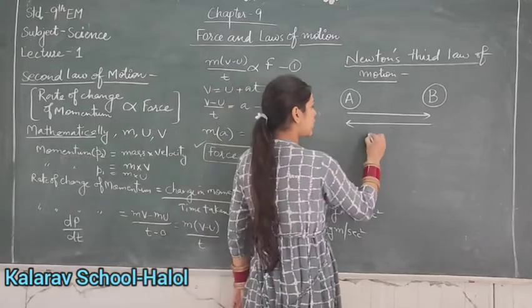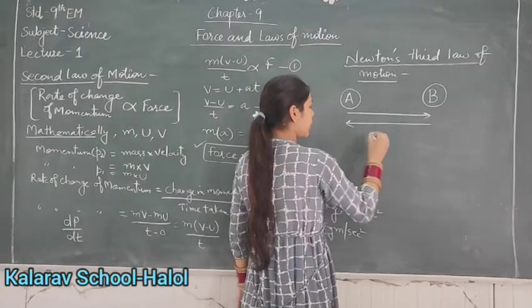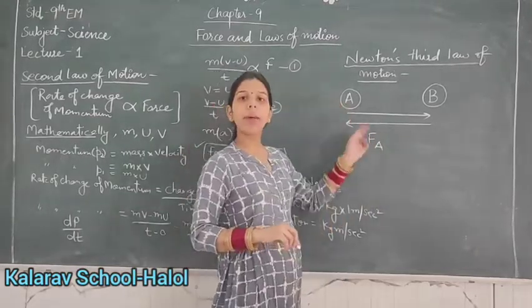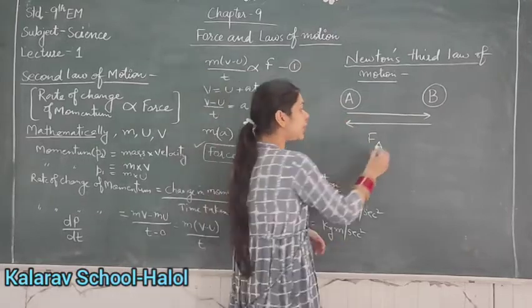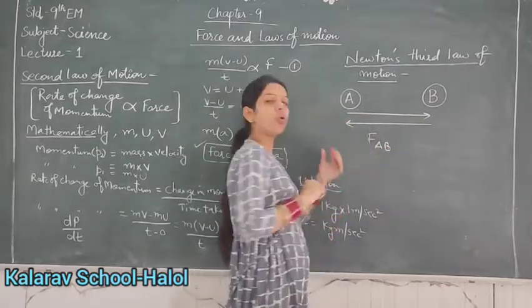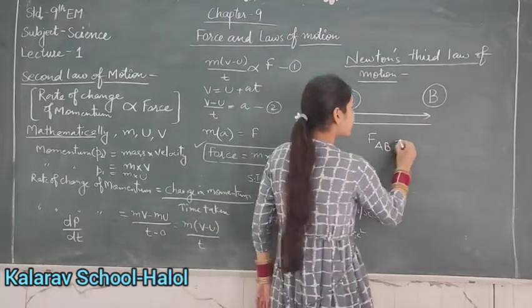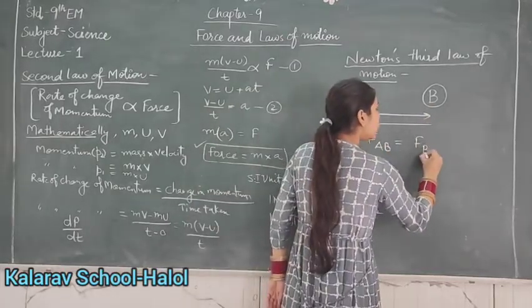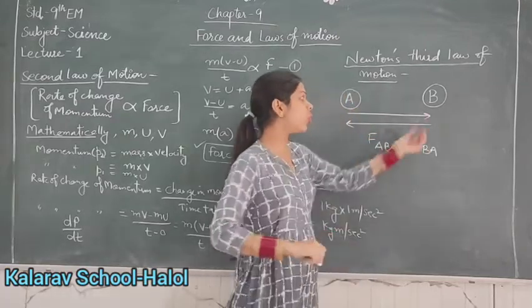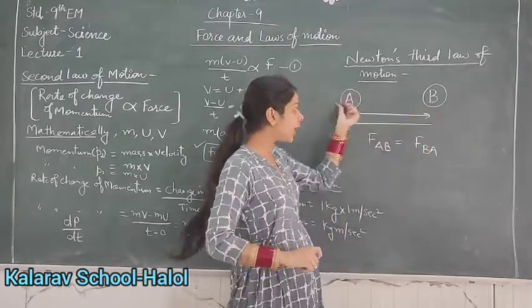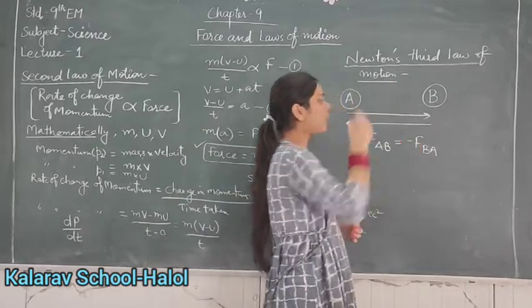So we can say that the force applied by A on B is equal in magnitude to the force applied by B on A, but in the opposite direction.